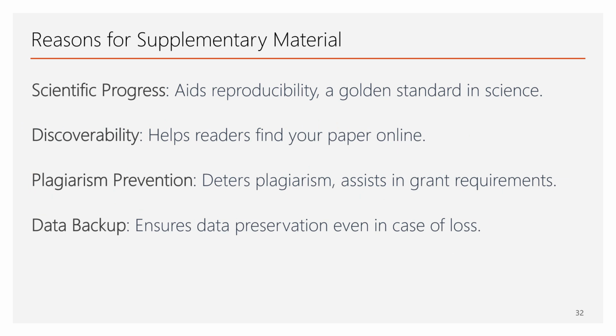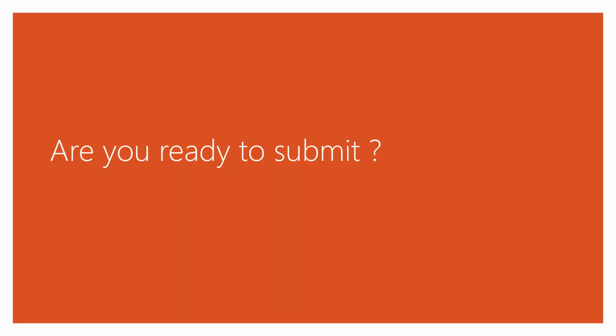These supplementary data are helpful for scientific progress and discoverability, and are also helpful for plagiarism prevention and data backup. So up to this point, we have studied how a research article is structured, and what the nature of the research article is.